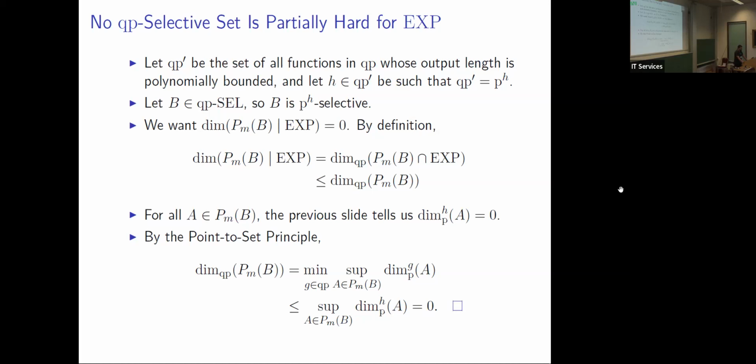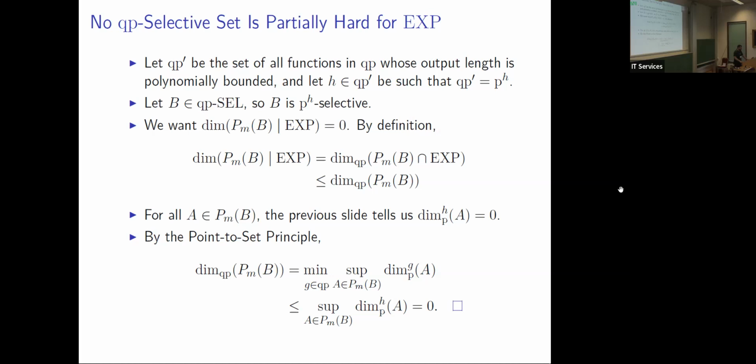Then what we want is for the dimension of Pm of B in X to be 0. Now, by definition, we have that the dimension of Pm of B within X is the QP dimension of Pm of B intersect X, which has to be less than or equal to the QP dimension of Pm of B by monotonicity.